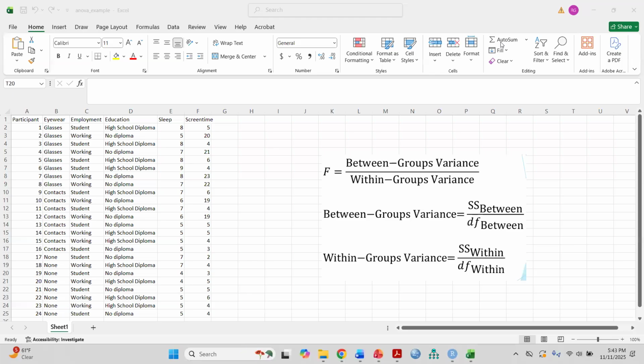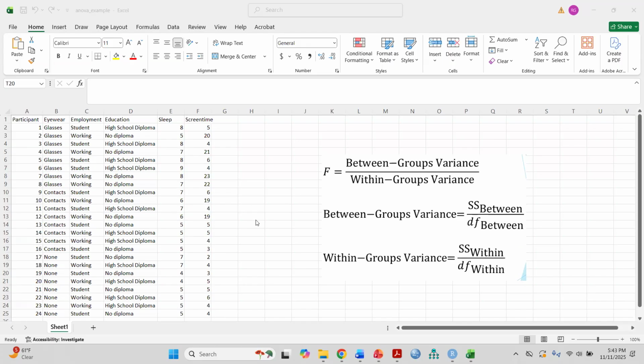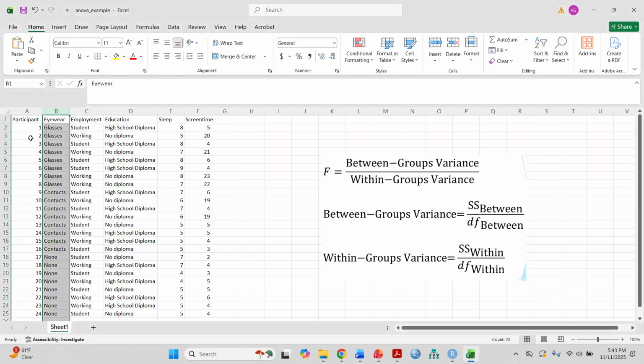Hey everybody. Today we're going to be talking about how to conduct a one-way analysis of variance test, also called ANOVA. So we've got a set of data here. You can see that there's 24 participants, and the variables we're particularly interested in are the eyewear variable.